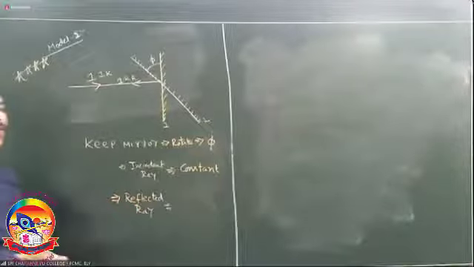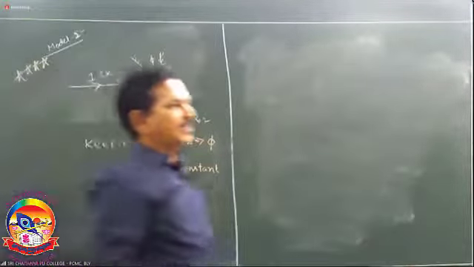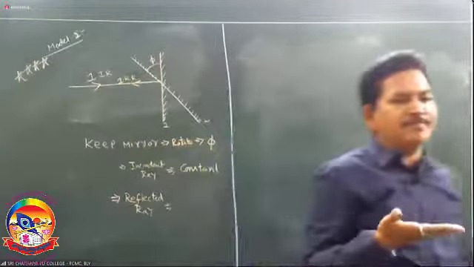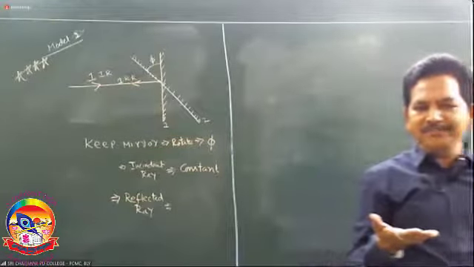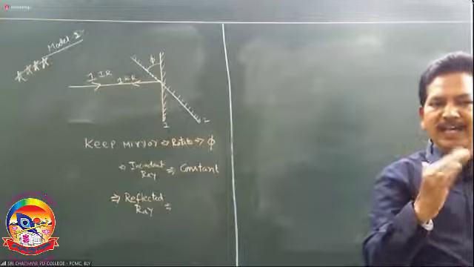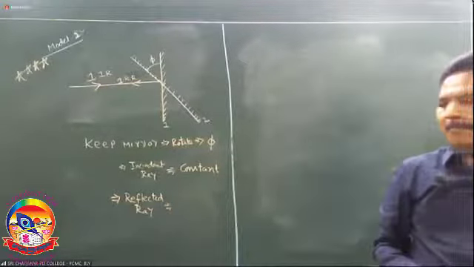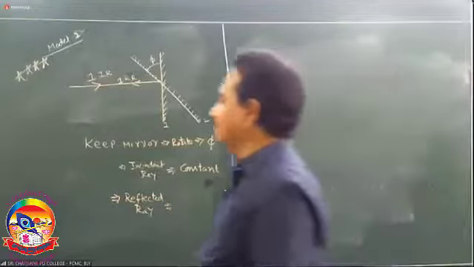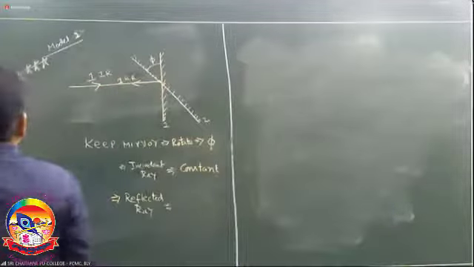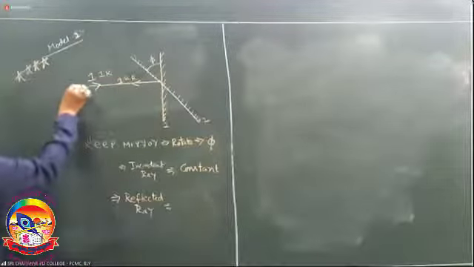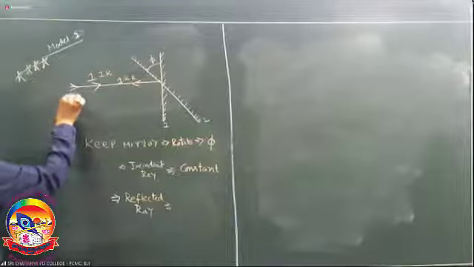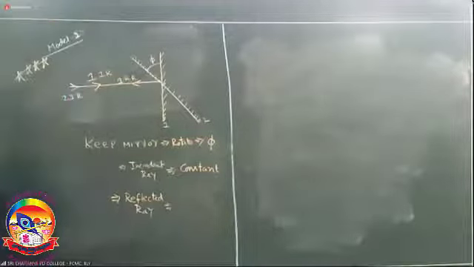What am I doing now? Keeping the incident ray same, I am rotating only the mirror by an angle phi. So the second incident ray is same; we are not changing.